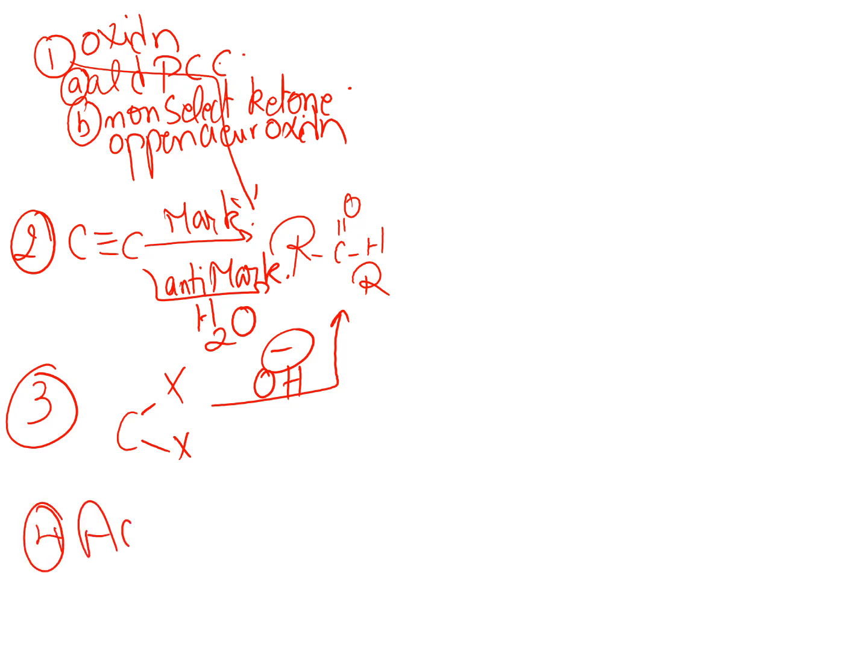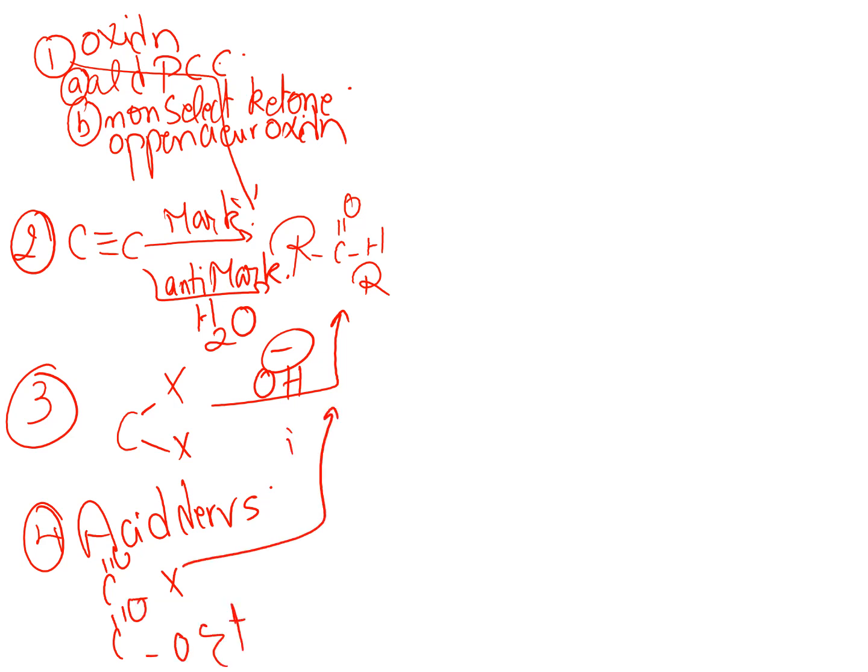Finally, we can convert acid derivatives like the acid halides and the esters into aldehydes and ketones. The acid halides, we have two methods, either the Rosenmund reduction or we have the dialkyl cadmium.